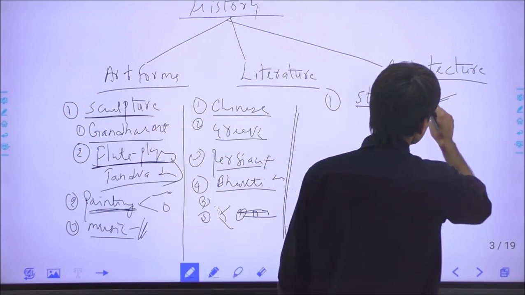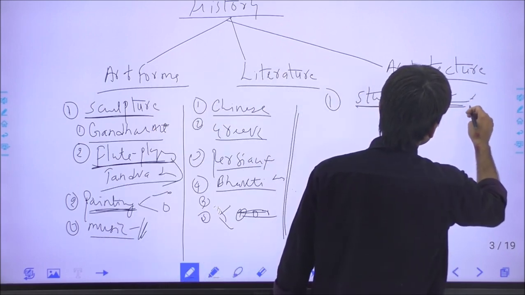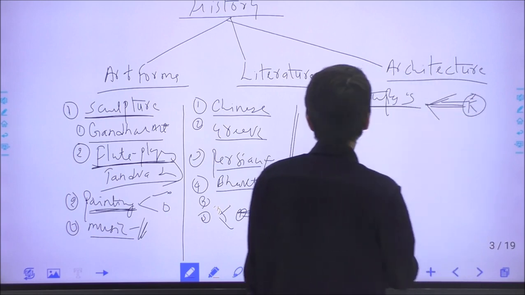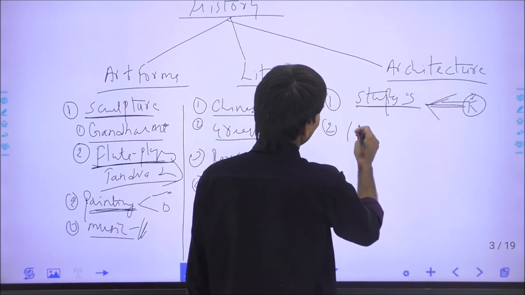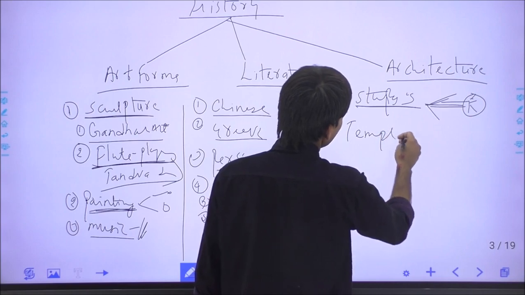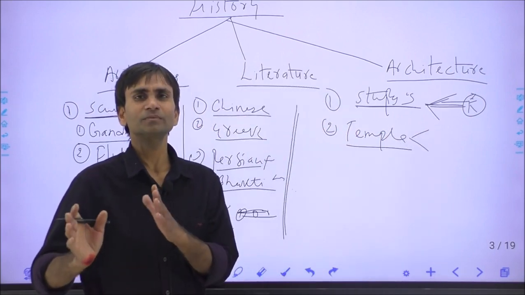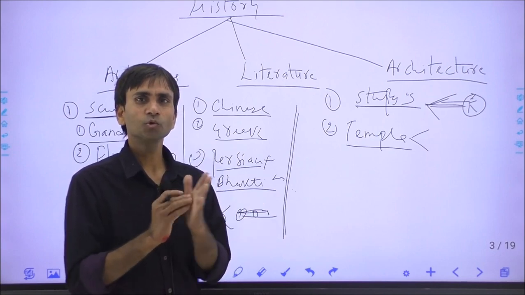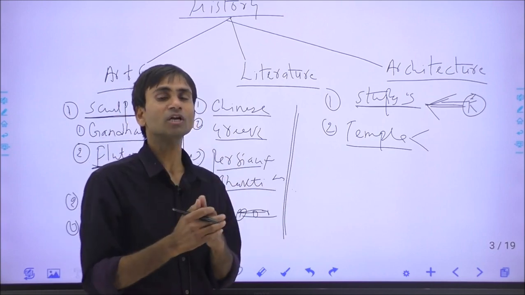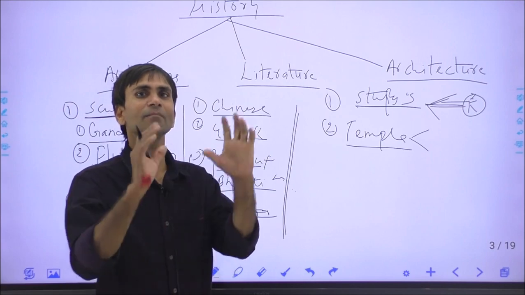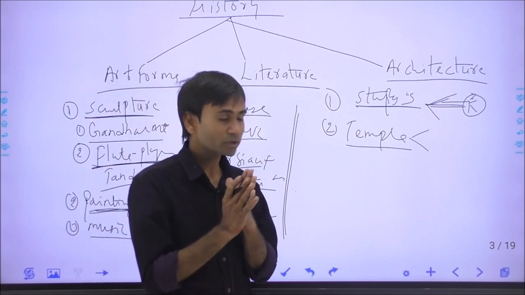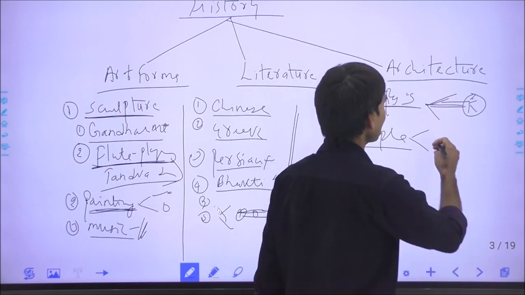When you are completing this topic, you should enlarge your dimensions. This is the temple architecture in the medieval age. Temple architecture started during the Gupta age. Why? To counter the growth of Buddhism under the Mahayana philosophy. And what are the different styles of temple architecture?